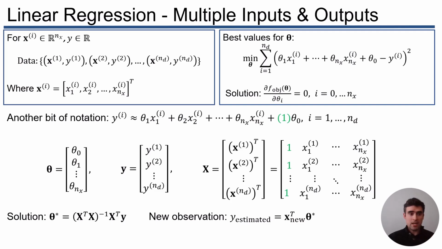These are the exact equations that I had before. The main point here is that you might remember that we had x as a vector, so you have nx features. Again, this can be square meters, number of windows, and so on. But so far, we've been saying that y is only a scalar.